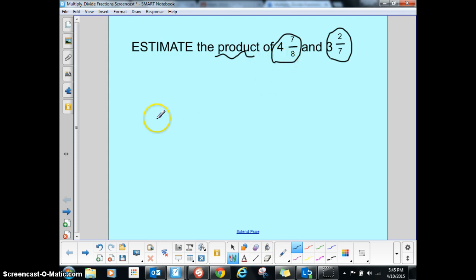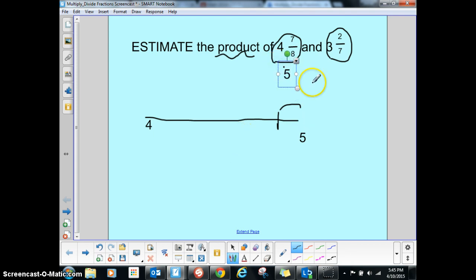So I know that 4 and 7/8, if I was thinking about it on a number line between the numbers 4 and 5, is going to be a lot closer to 5 than it is to 4 or 4.5. So I'm going to round that 4 and 7/8 to the number 5.